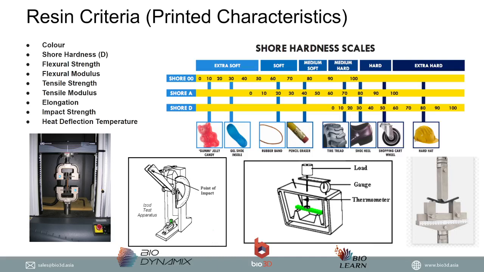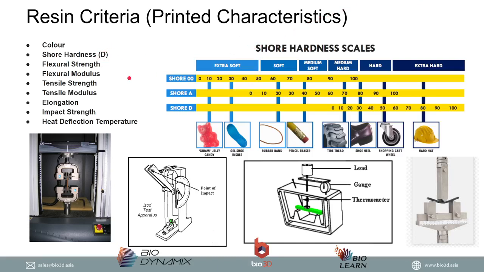Another thing that gets looked at quite a lot is the shore hardness scale. It's a scale that indicates the resistance a material has to indentation forces, or how hard a material is. It's measured using a shore durometer, a device that you can use to test different sorts of materials. There are actually two scales, a D scale, as listed over here, and an A scale.